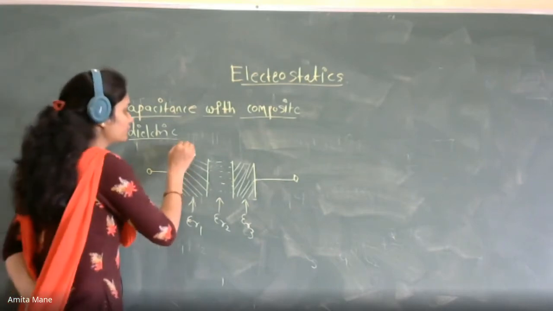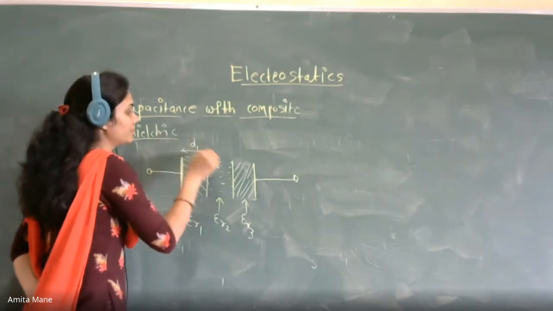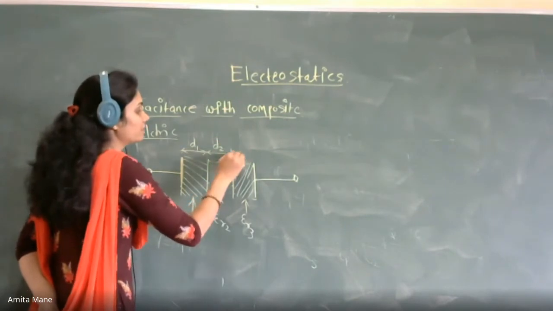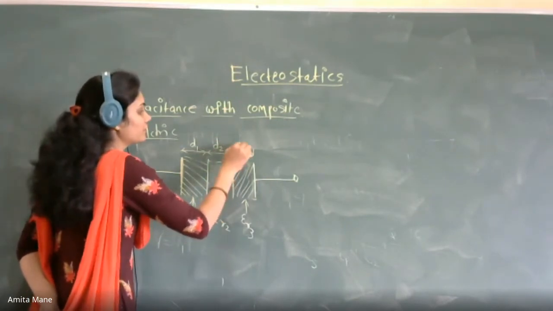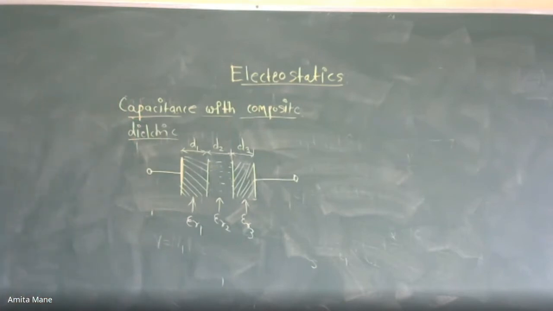Next, हमें डिस्टेंस भी चाहिए यहाँ पे. Consider D1, D2, and D3 distance between the plates.